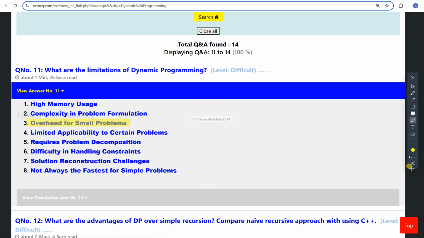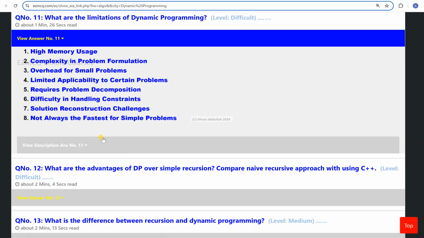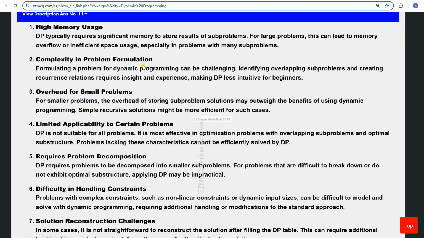Let me first clear the screen also. High memory usage we have discussed. Complexity in problem formulation. What is the complexity? Complexity is identifying the overlapping subproblems and creating the recurrence relations. Why difficult? Because it requires insight and experience, insight of the problem and experience of doing these things. Therefore, there's an issue with dynamic programming. It is less intuitive for beginners, kind of challenging, with a steep learning curve.